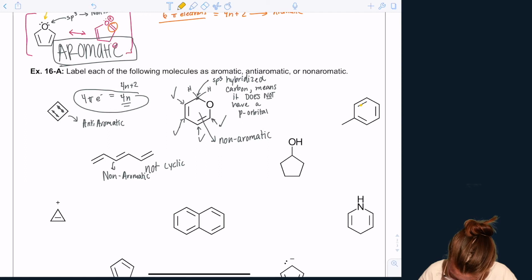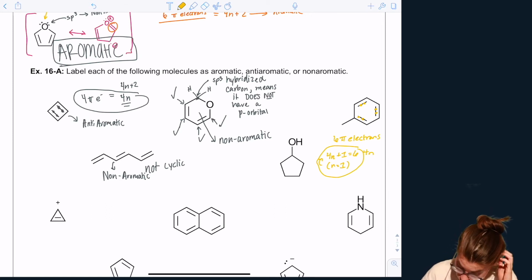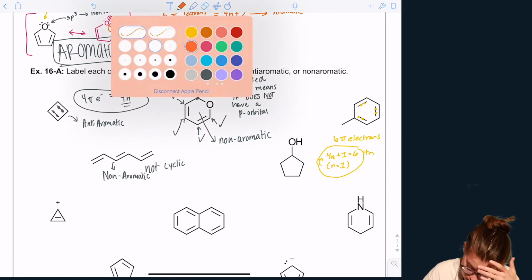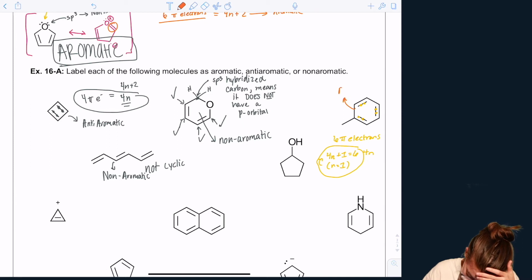So we have 1, 2, 3, 4, 5, 6. 6 pi electrons. So which equation do I need to use? Am I going to use the 4n plus 2 or the 4n? Well, when n equals 1, for this equation, I get 6. So we are going to be using the 4n plus 2 equation, which tells me that this molecule is aromatic.